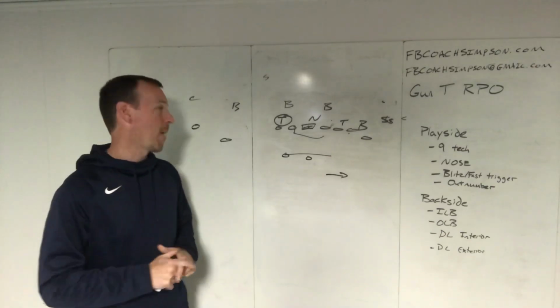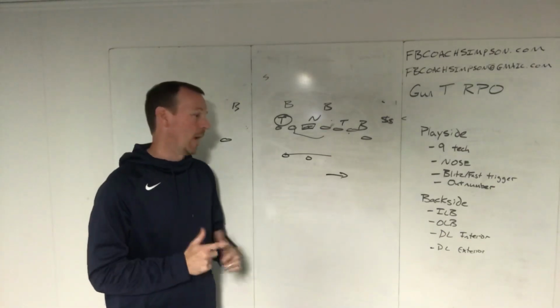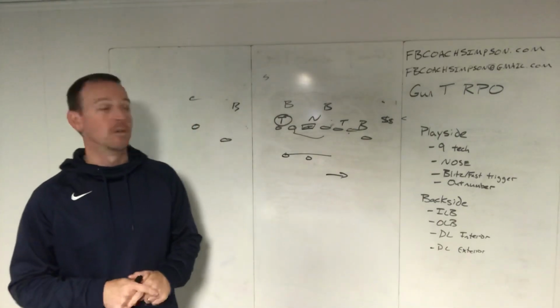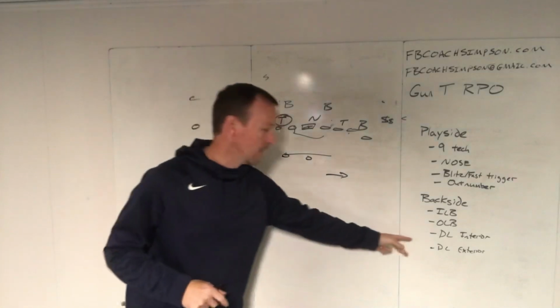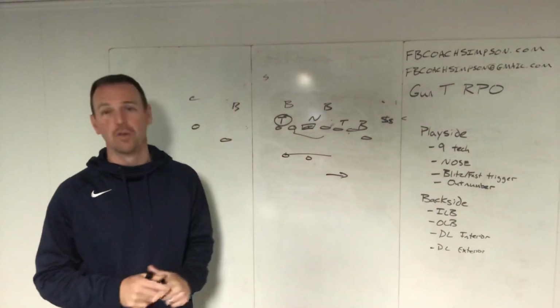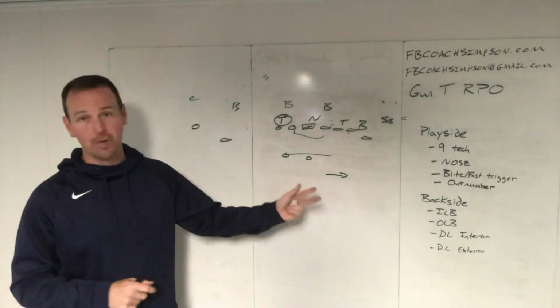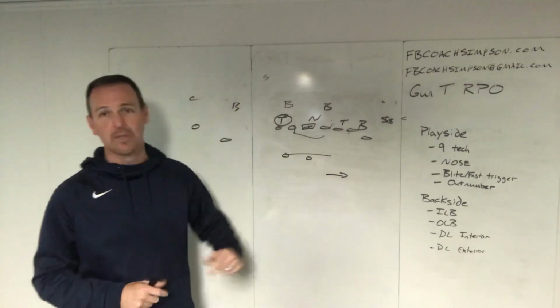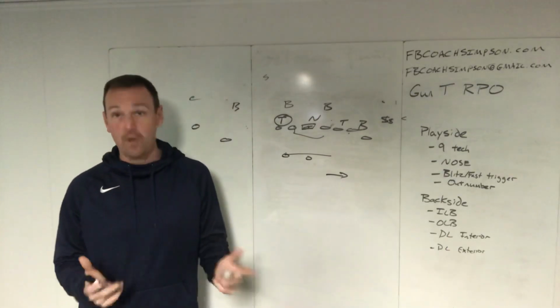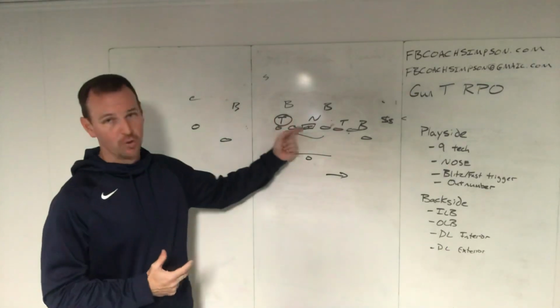So let's talk about backside issues. The last couple days we talked about linebackers. Well, today we're going to move inside to defensive linemen. I'm actually going to knock out these two together, interior defensive linemen and exterior defensive linemen. An interior defensive lineman we treat as anyone inside of the tackle, head up to inside. Generally, in a 3 front, that's going to be a 4 who's shooting inside.